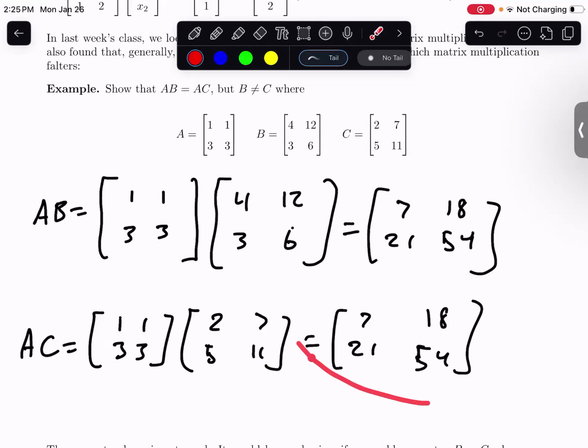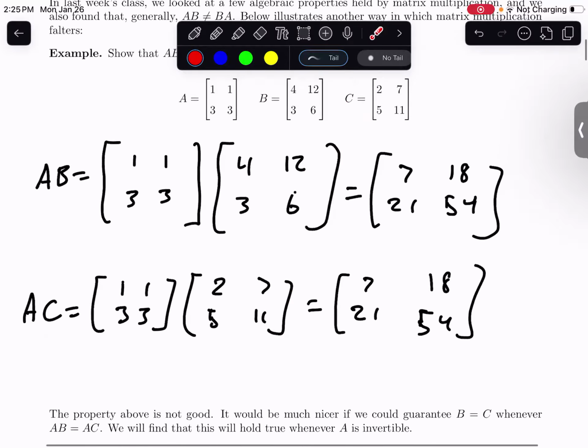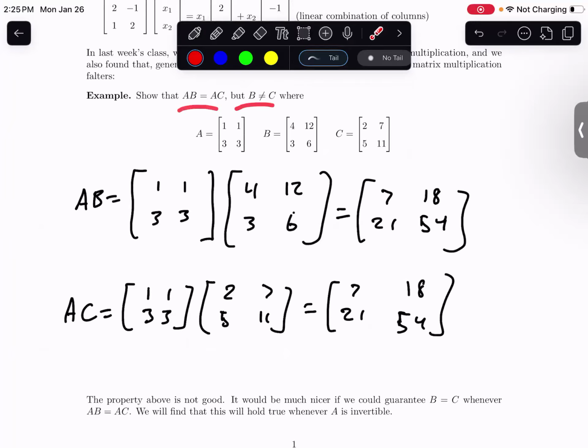The two matrices are the exact same, despite the fact that B and C aren't equal to one another. And so this property that we like isn't always going to hold true, where if the products of two things are equal, then if you divide, you can determine the matrices are the same or something like that. It doesn't end up holding true.